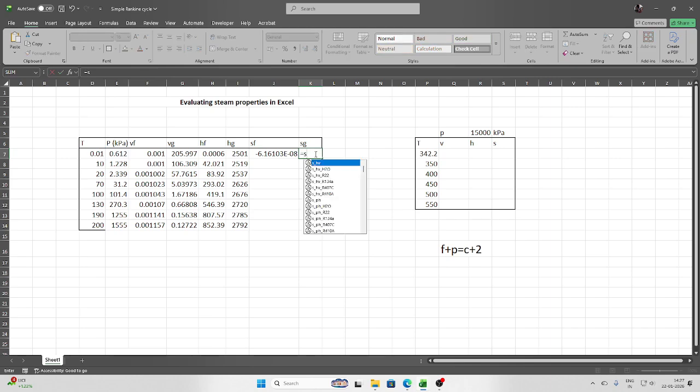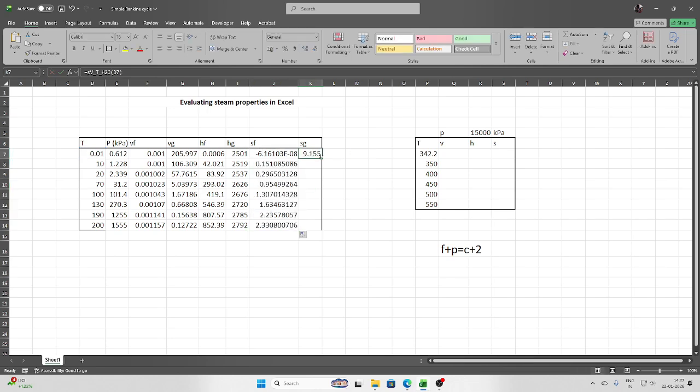And then specific entropy of saturated vapor, when temperature is given, for this temperature, that's it. So you can drag this down, that's it. So you can get the steam table properties, or properties of water at different temperatures and pressures, instantaneously in Excel.